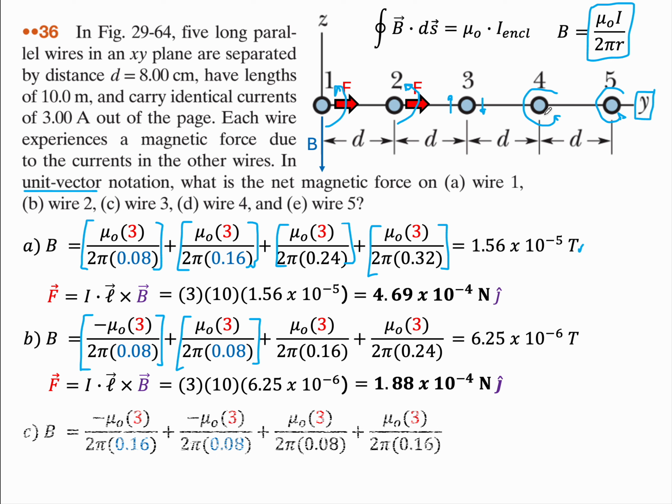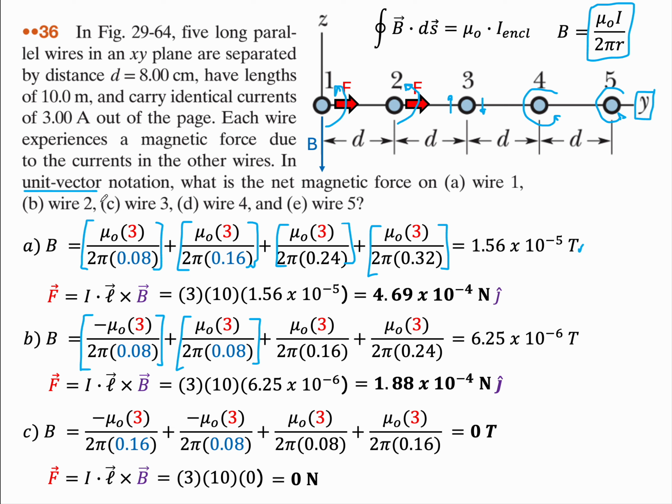I'll do the math on it real quick, but you can sort of see it ahead of time. What's the total magnetic field due to the other wires at the position of wire 3? The answer is 0. Plugging it in is kind of trivial, but I just want to do it: 0 newtons. I won't even put a direction on this one because it's kind of trivial.